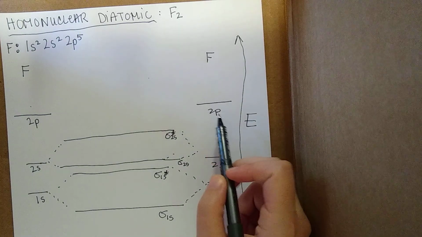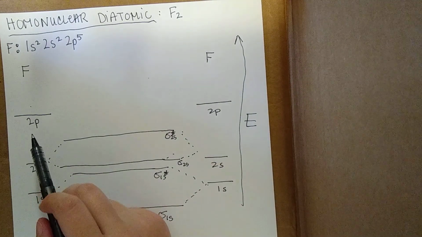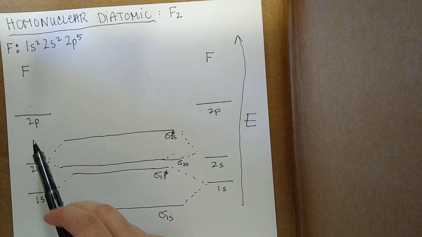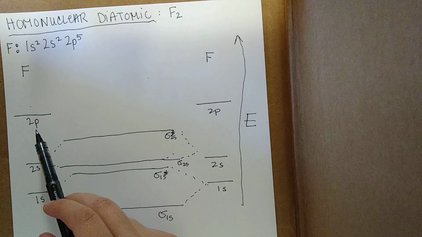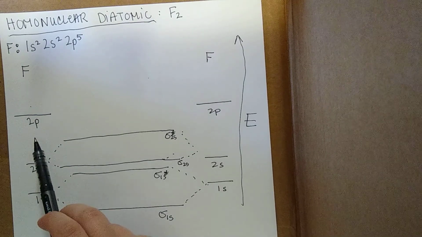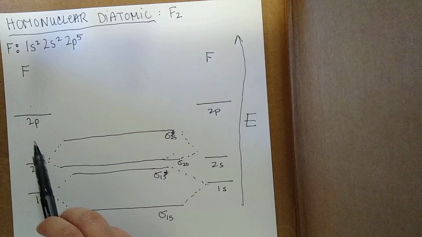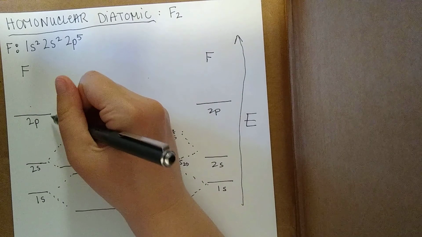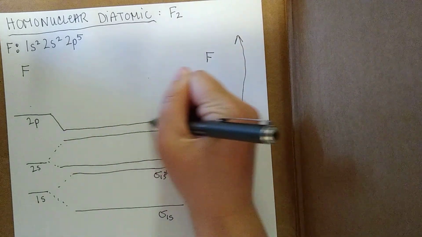Okay, so finally, we have to overlap our 2p orbitals. Remember, p orbitals have 3 different lobes: px, py, and pz. These are going to overlap differently to form either a sigma or a pi bond. Remember, the 2pz orbitals overlap head-on to form a sigma bond.